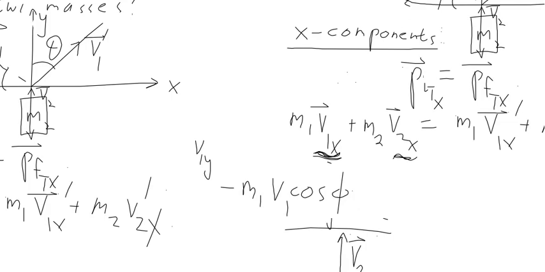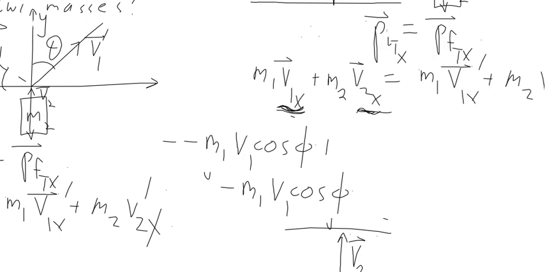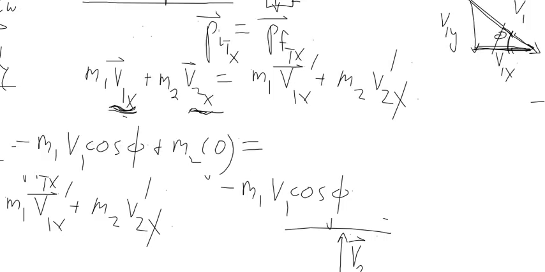Since we're on an xy Cartesian plane, the left-hand side should be negative, the right-hand side is positive. Up is positive, down is negative. Alright, what do we substitute for v2x? v2x is 0. So this is now plus m2 times 0. That's what we have for our x component equation so far for the conservation of momentum.